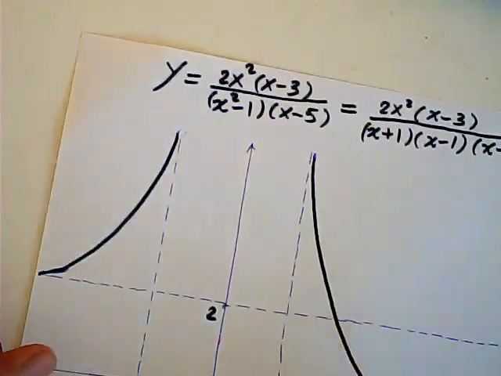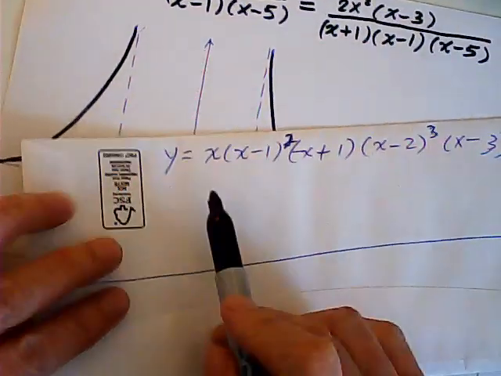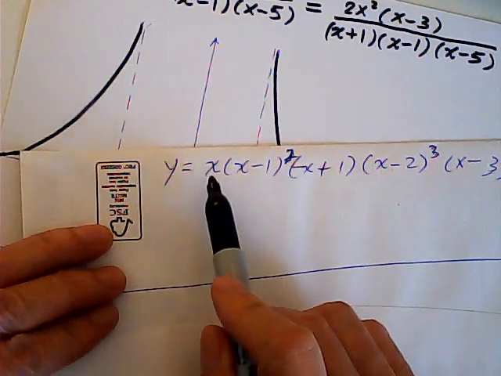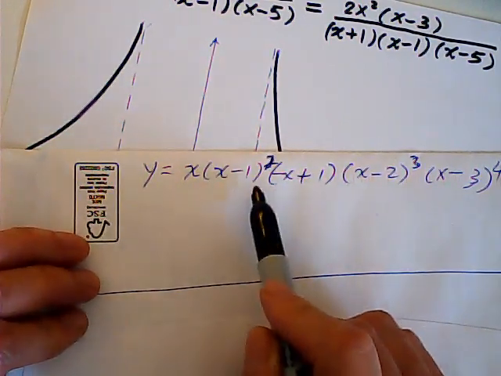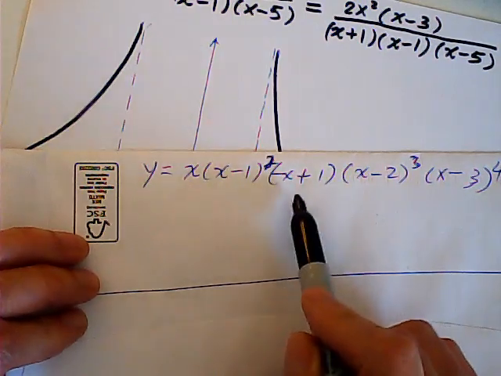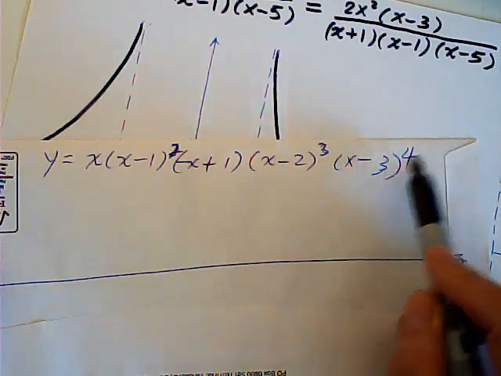Now I also want to show you something. Suppose we have a function y equals x times (x minus 1) squared, (x plus 1), (x minus 2) cubed, (x minus 3) to the fourth, and so on.